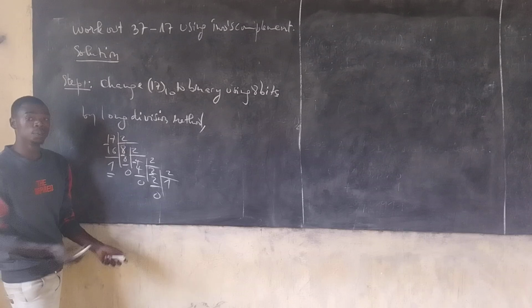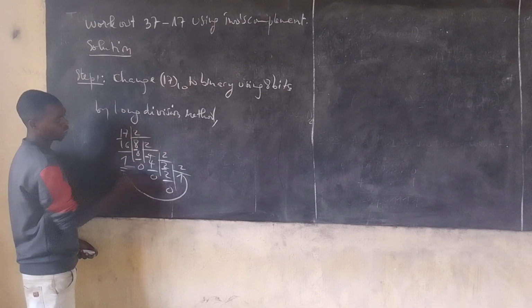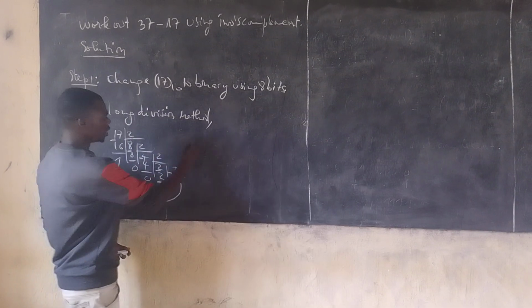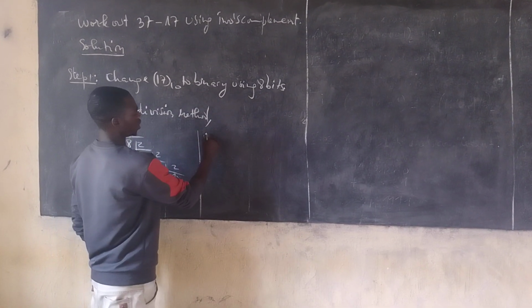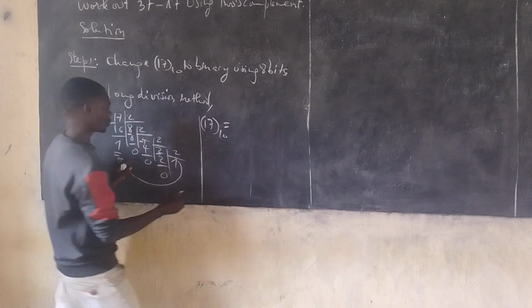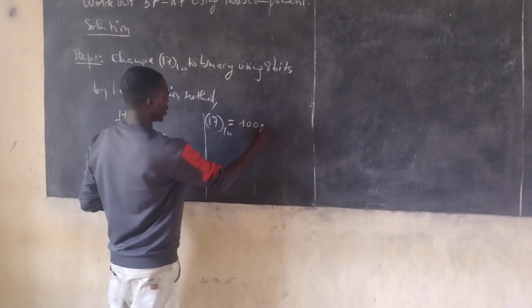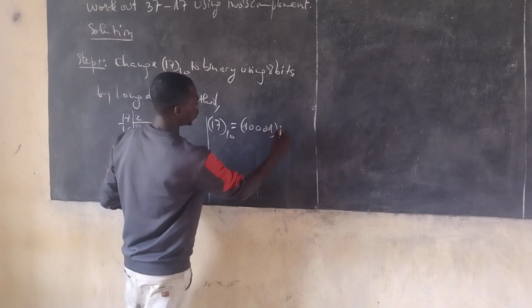Now, to write these bits, we start from the bottom going up. It means 17 in base 10 is equivalent to 1, 0, 0, 0, 1 in base 2.